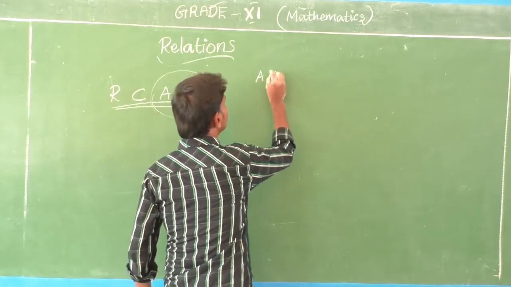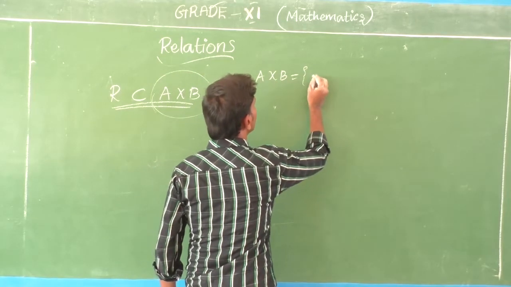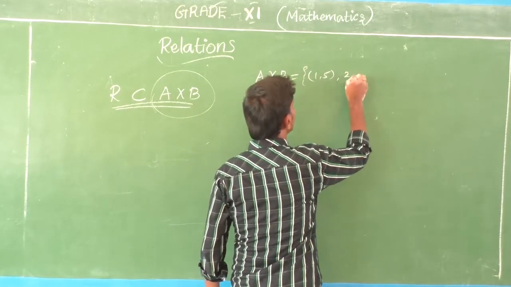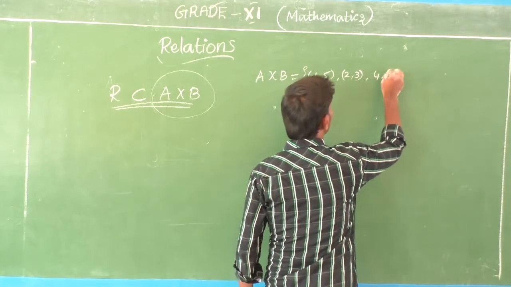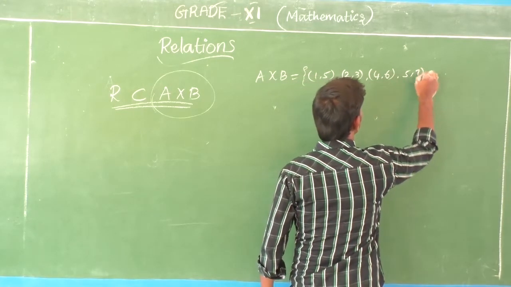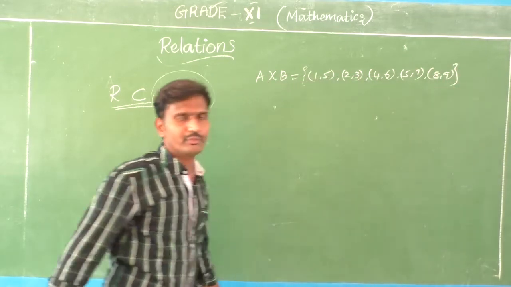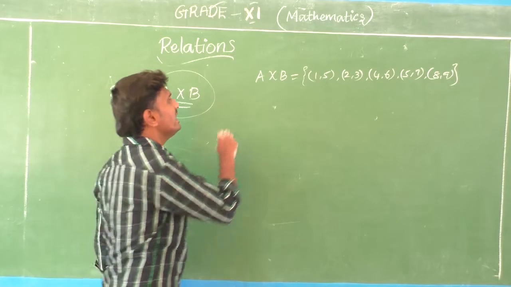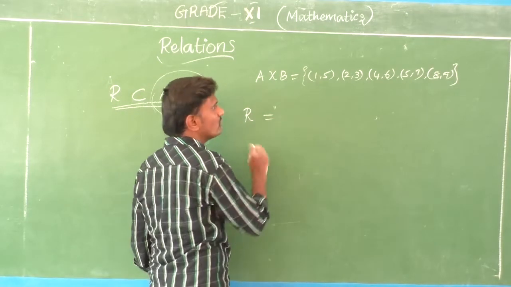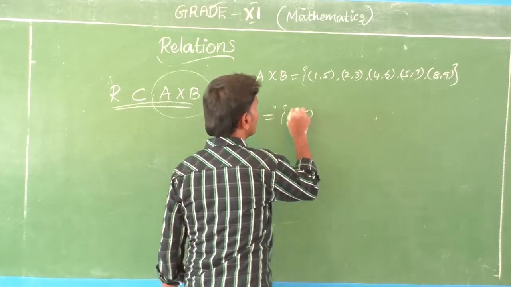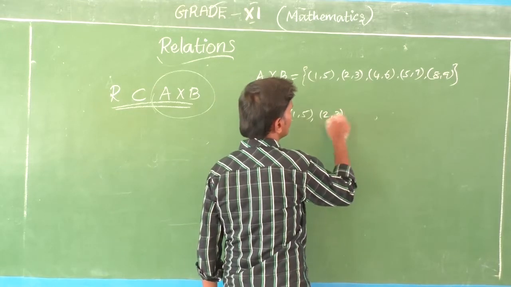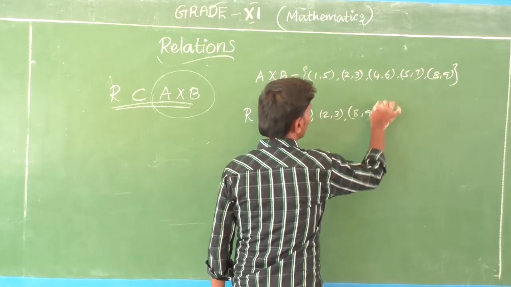So A cross B is given by the example question. This is your A cross B. In our relation, R is given as {(1,5), (2,3), (8,9)}.